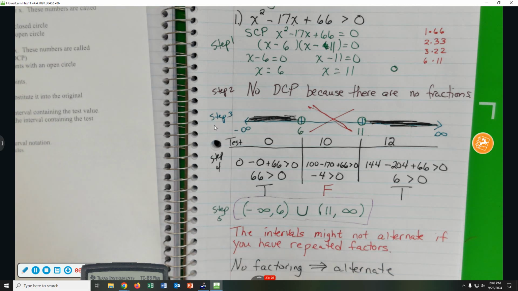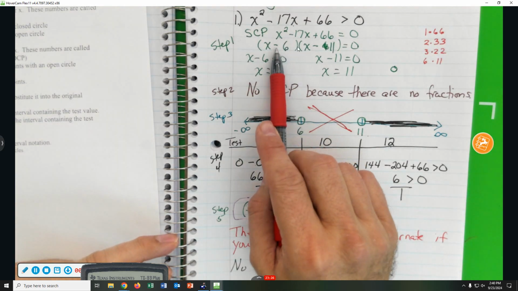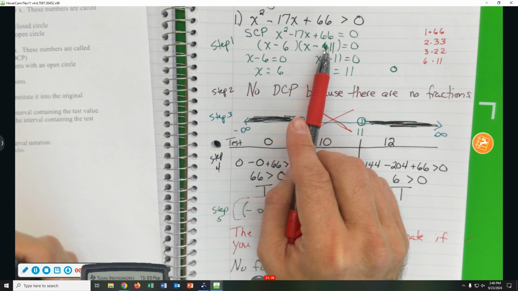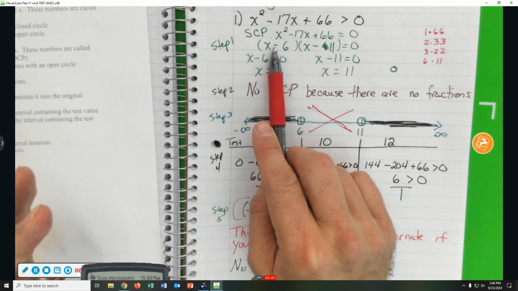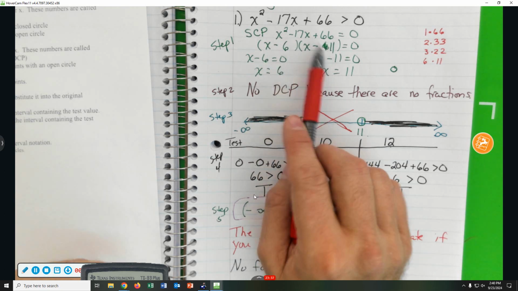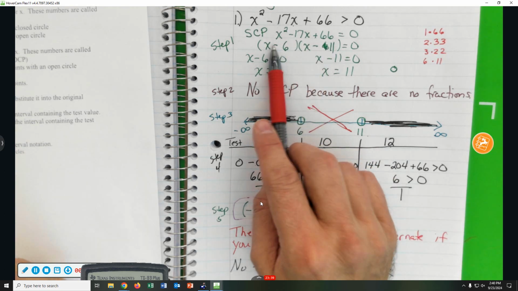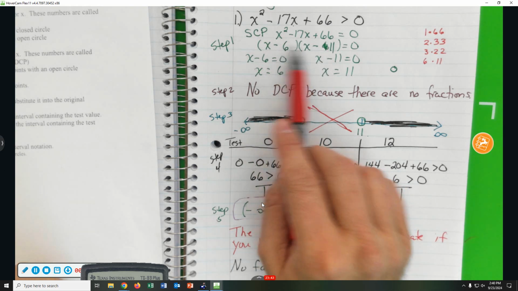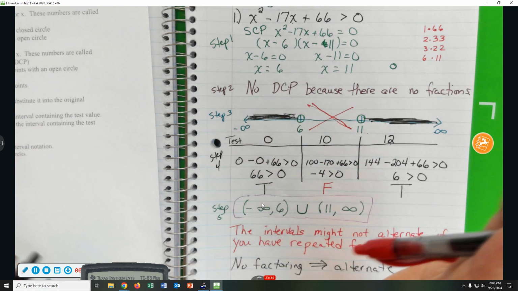I said that they might not alternate if you have repeated factors. What do I mean by that? If this is factored as x minus 6 times x minus 6, you need to check every interval. If you had x minus 11 times x minus 11, you need to check every interval. If you get the exact same thing in both sets of parentheses when you're doing trial and error to factor something, you better check it.